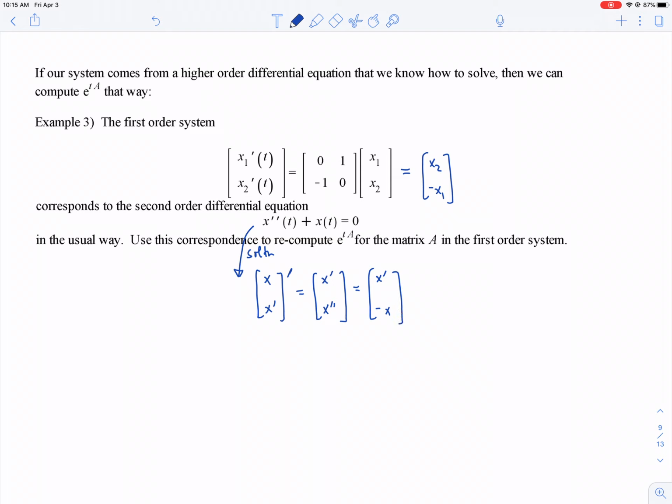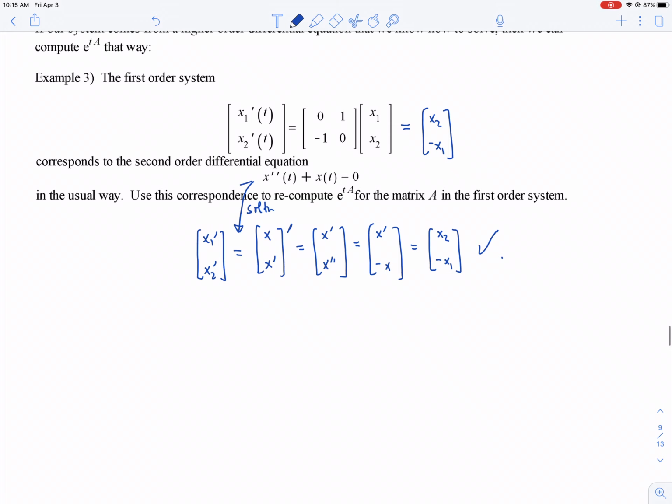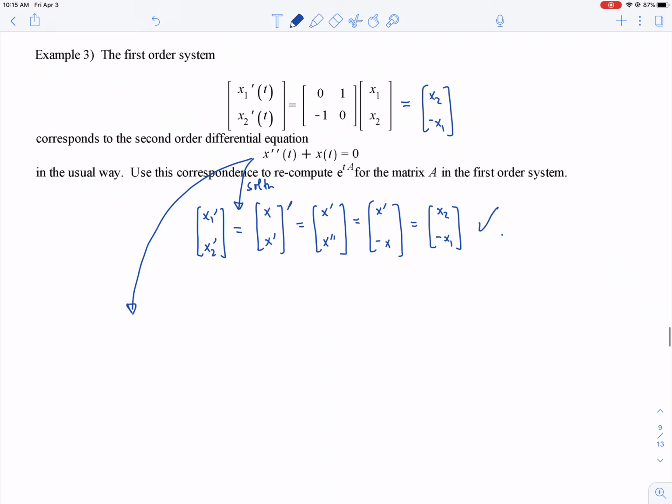But because I have a solution to the second order DE, that's x prime, minus x. And so that shows that x, x prime solves the first order system x1 prime, x2 prime equals x2, minus x1. We know the solutions to the second order DE.